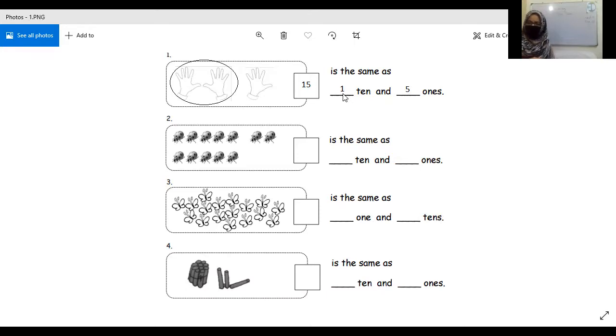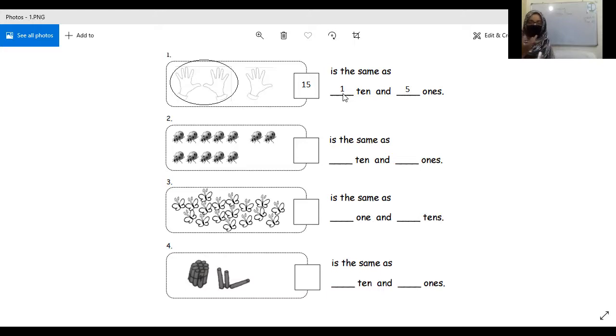Are there two tens? No, because it's only 17, right? For two tens, we need 20 items, right? So how many tens are there? Only one. And how many ones are there? Remember that in this question, the ones is written like this, and you are supposed to write this. So how many ones are there? 7 ones. Excellent.